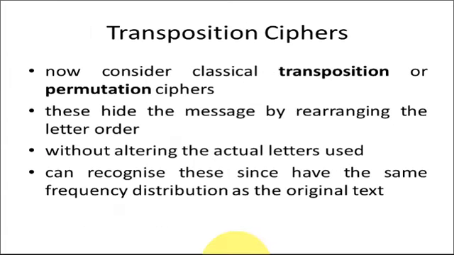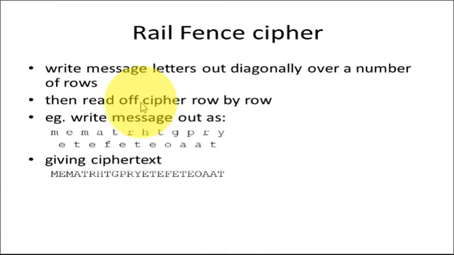I want to write it in 2 rows: M E E T M E, meet me, A F T E, after T H E. Likewise we write it in 2 rows, and we take the first row and then the second row. So M E M A, first we write all these letters, then all these letters. This is the rail fence cipher.